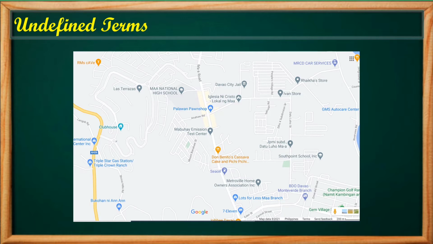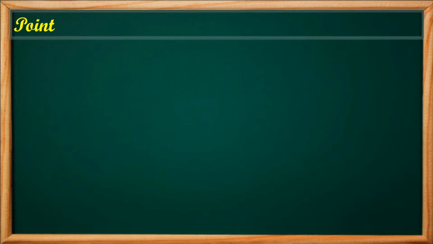Now, let's define the following. Okay, we have point, line, and plane. Una, we have point. Now, point, it is the most basic geometric concept. Kung walang point, wala tayong mga shapes, wala tayong mga 3D figures, wala tayong cellphone, wala tayong mga laptop.